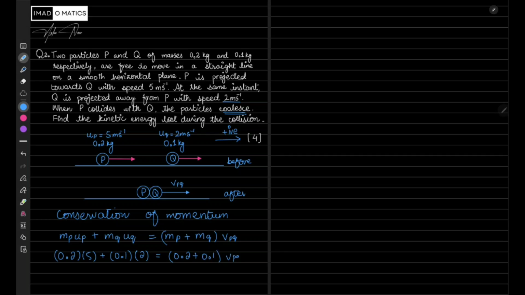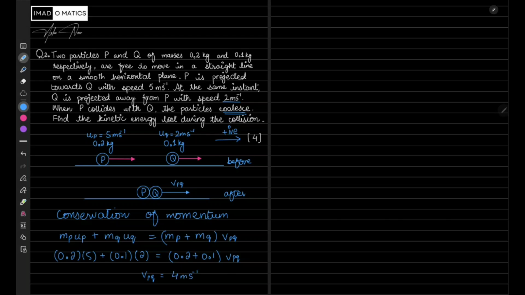times VPQ. So solving this all directly with a calculator is a very good and time saving way to do it. And directly when you solve it with the calculator, you will be adding these two and then dividing by 0.3, and you will end up having the velocity of the coalesced particle PQ to be 4 meters per second.